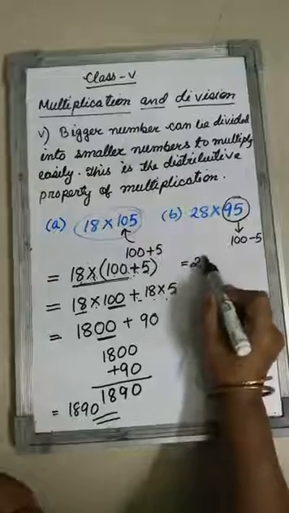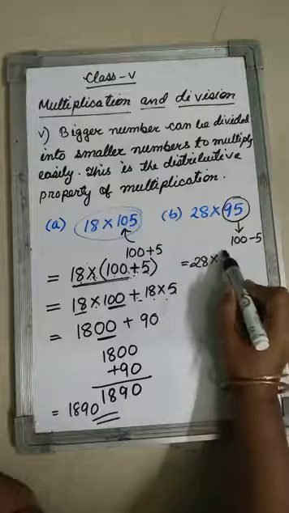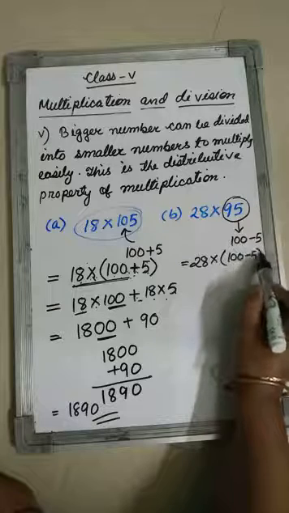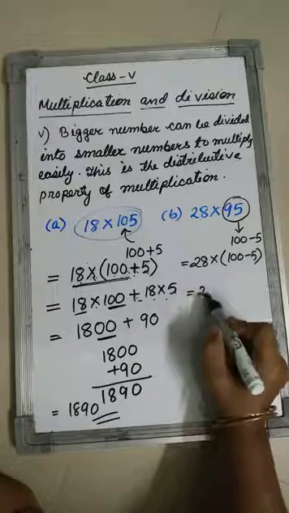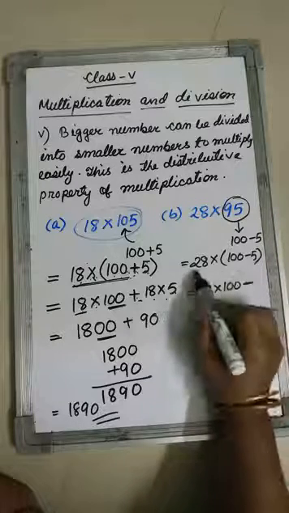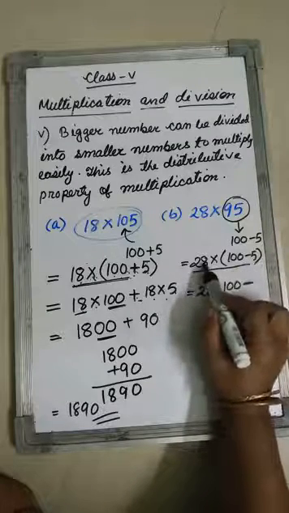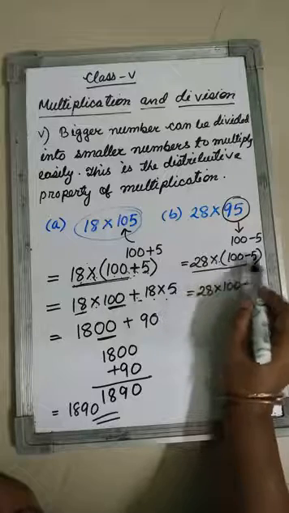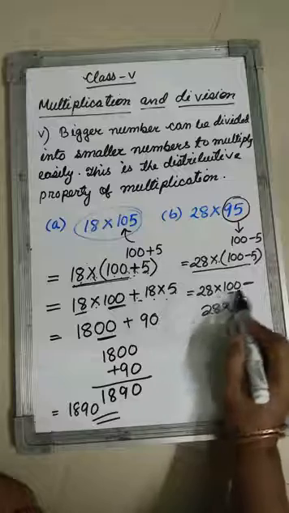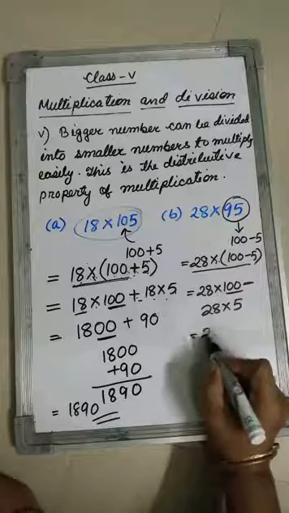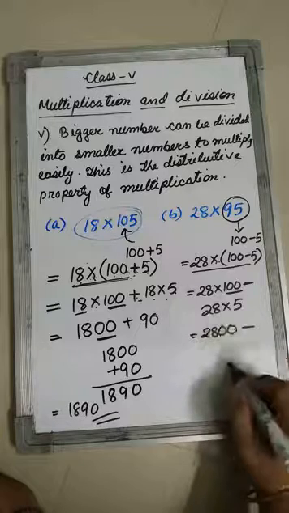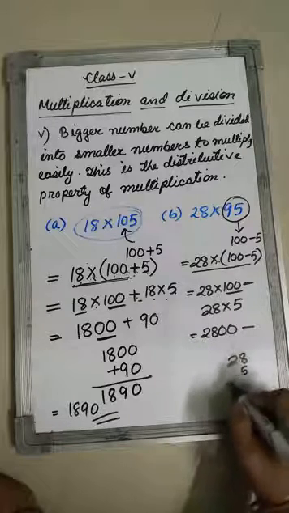So it is 28 into, in place of 95, I write 100 minus 5. So 28 into 100 minus, I have written up to this, then again 28 into 5. So multiplication by 100, it is 2800 minus, you do the calculation, 28 into 5.